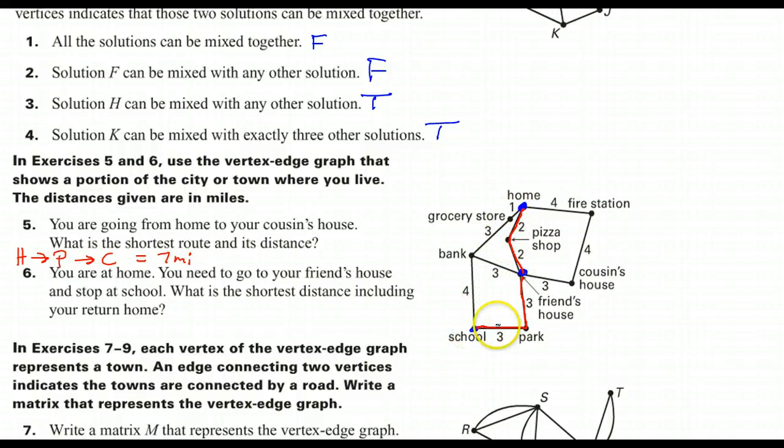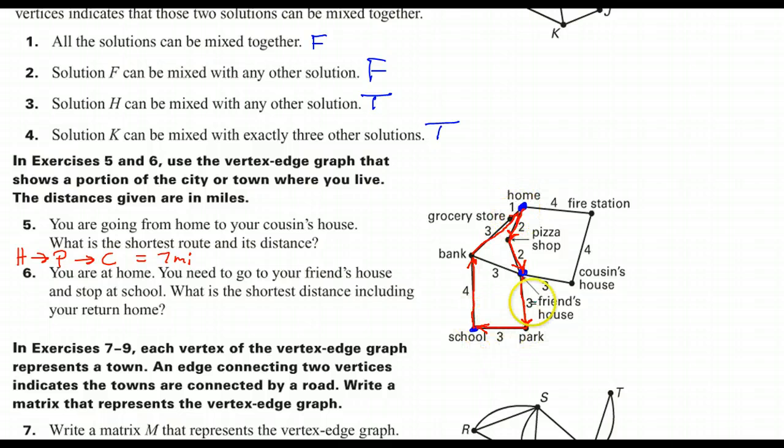On the other hand, if I continued my journey, so far I've been going in this direction. If I continued on this way, that's 4, 7, 8. So this path only takes 8.